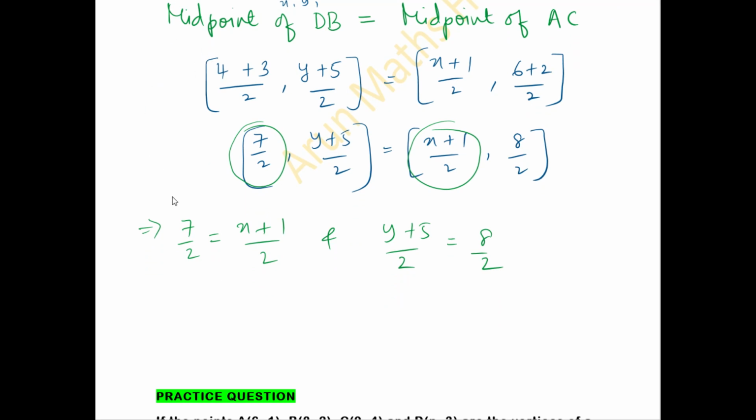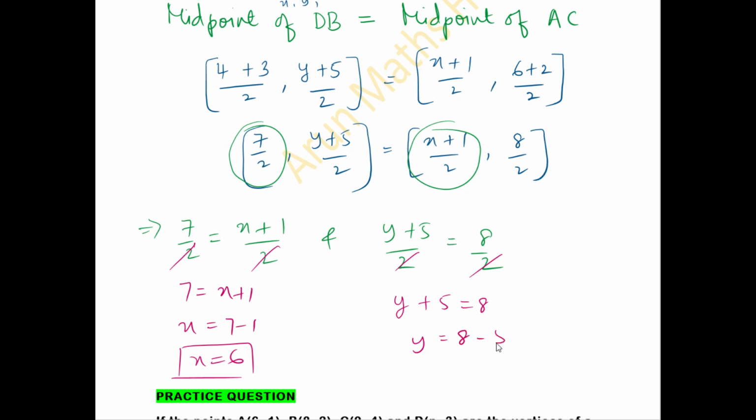We get 7/2 equals (x + 1)/2 and (y + 5)/2 equals 8/2. Now the 2s cancel out on both sides. 7 equals x + 1, x equals 7 - 1, x equals 6. Now we have got x as 6. In the same way, y + 5 equals 8, y equals 8 - 5, y equals 3. Therefore, the value of x equals 6 and y equals 3.